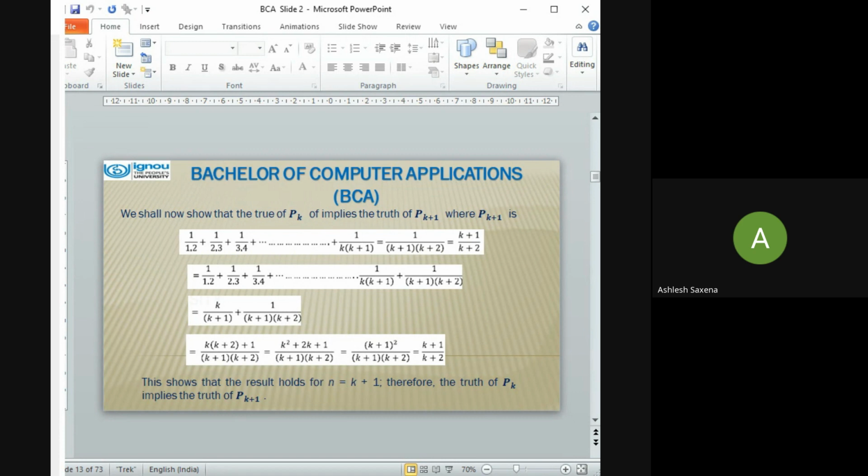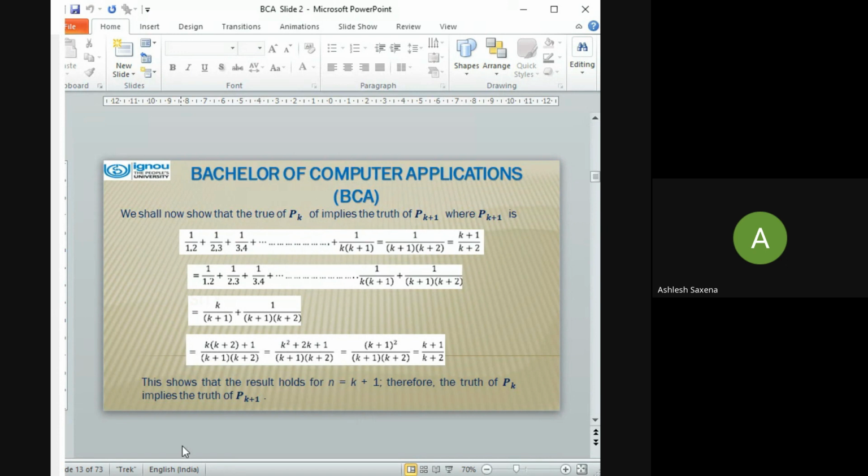What is written in the last line? Have a look at it. The result holds for n equal to k plus 1. Therefore, the truth of Pk implies the truth of Pk plus 1. This is what you are supposed to write. Okay, sir. Thank you.